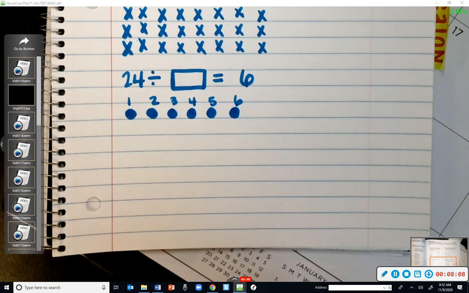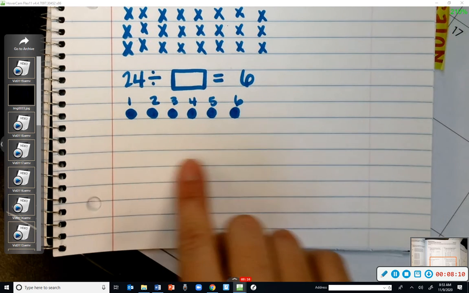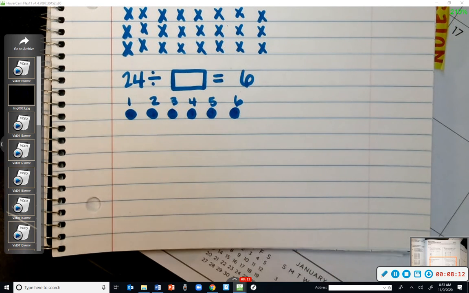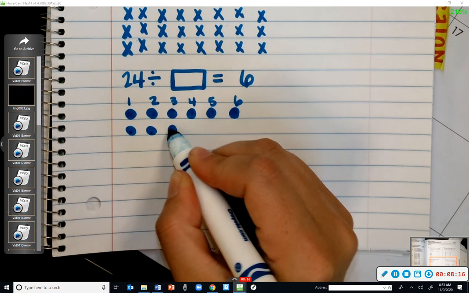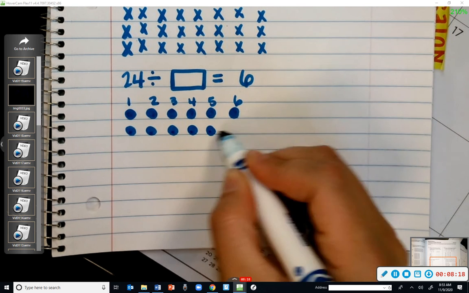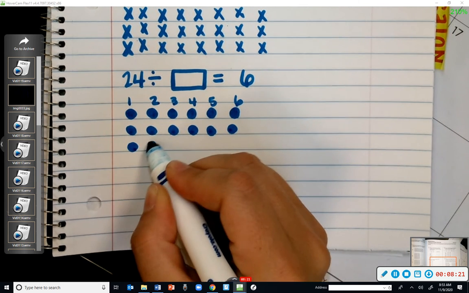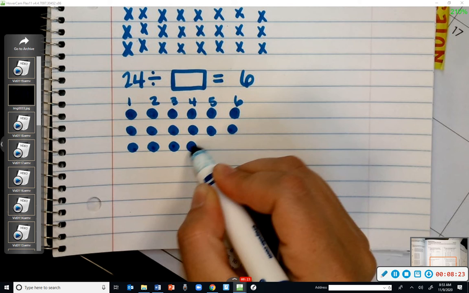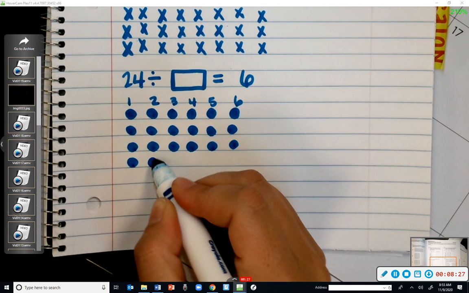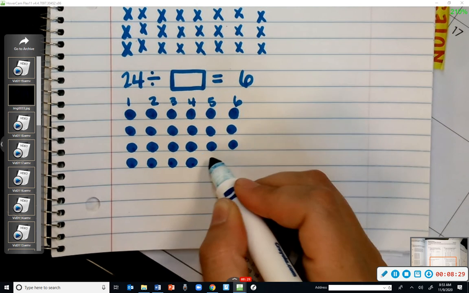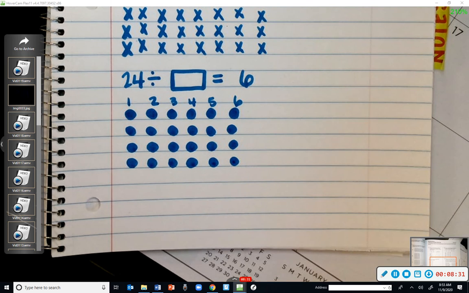And then I could keep adding going down this time until I get to 24. So that's 7, 8, 9, 10, 11, 12, 13, 14, 15, 16, 17, 18, 19, 20, 21, 22, 23, 24.